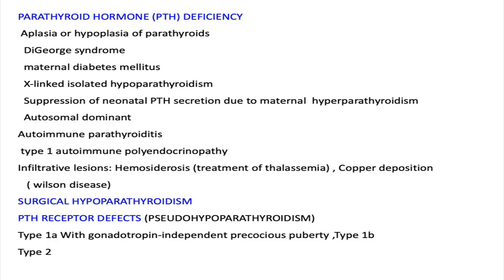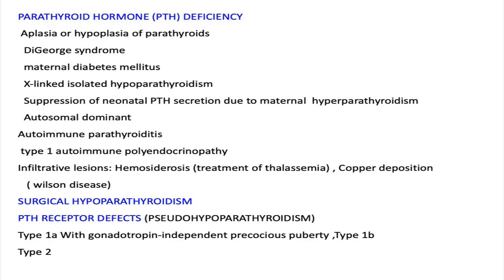There may be suppression of neonatal parathyroid secretion due to maternal hyperparathyroidism, or it may be inherited as autosomal dominant, or it may be an autoimmune parathyroiditis, or part of type 1 autoimmune polyendocrinopathy. In addition, there may be infiltrative lesions such as hemosiderosis related to the treatment of thalassemia, and copper deposition as in Wilson disease.